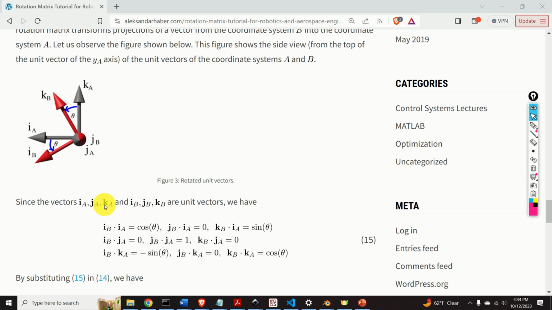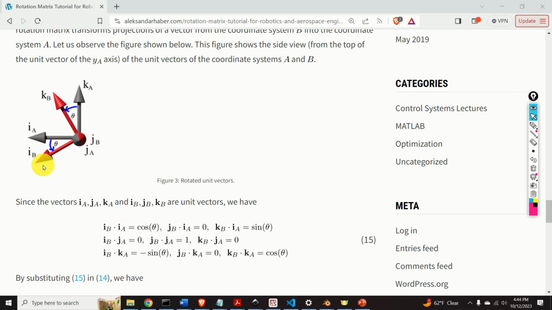IA, JA, KA, as well as IB, JB, and KB are unit vectors, and consequently we have these expressions. IB scalarly multiplying IA is actually cosinus theta. We know that the scalar multiplication of two vectors is the intensity of the first one, intensity of the second one, times the cosinus of the angle between two vectors.